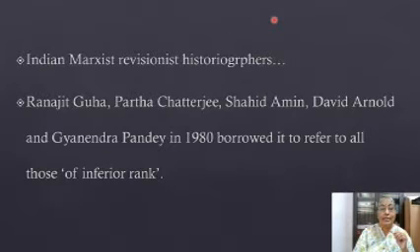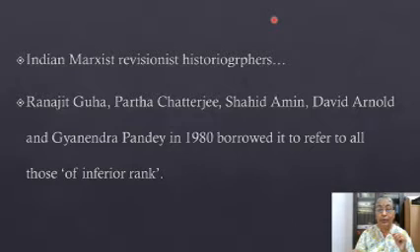Indian Marxist revisionists used the term to refer to all those people of inferior rank because in the Indian situation, this has got much more relevance. So these people, that is Indian Marxist revisionist historiographers, had used that term only in 1980.